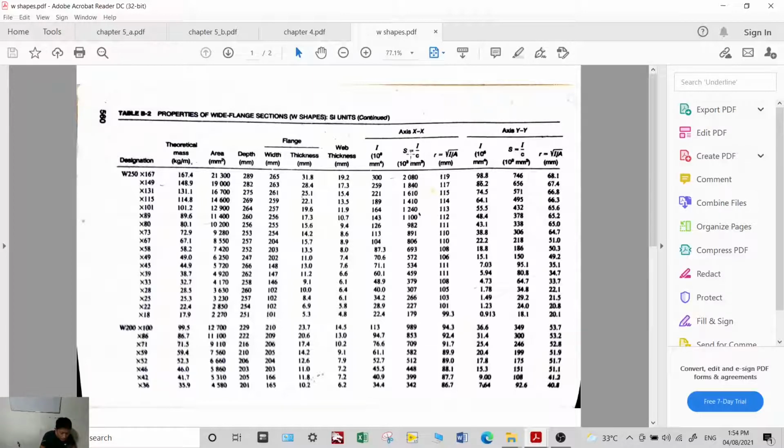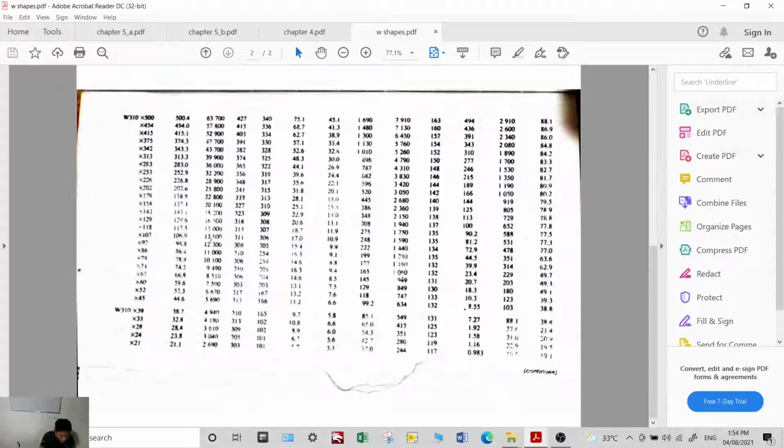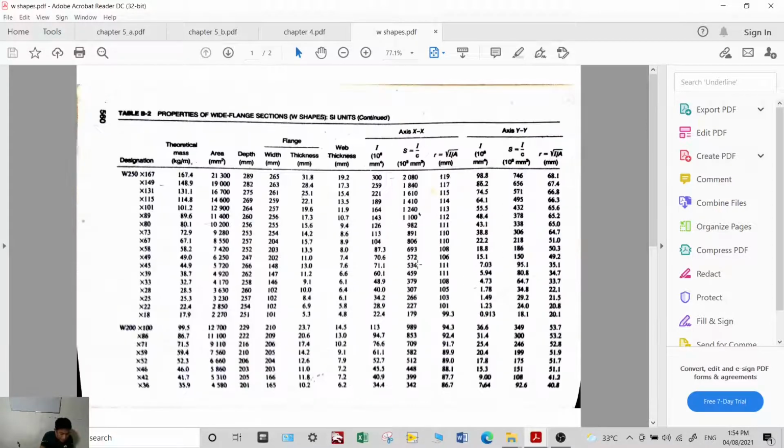Section modulus, I over C. Kani I over C, kani atong gamiton XX, dili kani, kay ang neutral axis nasa X. Mao ni atong gamiton diri. To start, sa 250 sa 200.